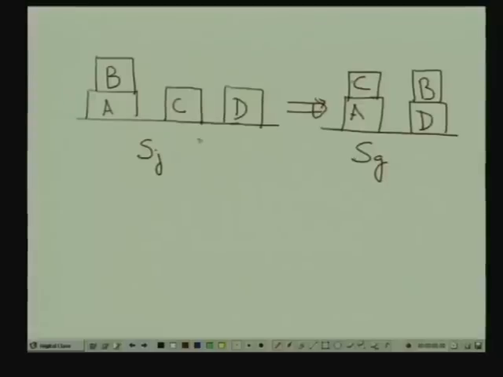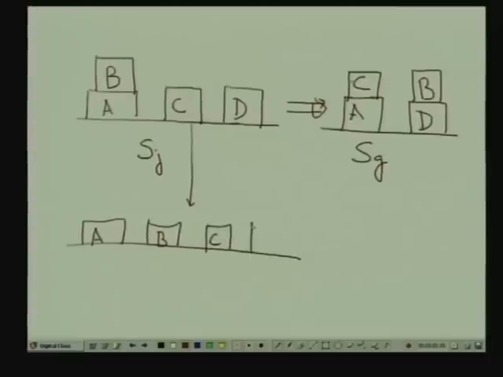Now, one way that I can do is, I cannot really take C over here, C on top of B. So, one rule can be that you come to a state where A is here, B is here, C is here, D is here. That is one possibility. And from there you take C above this and take B above this.